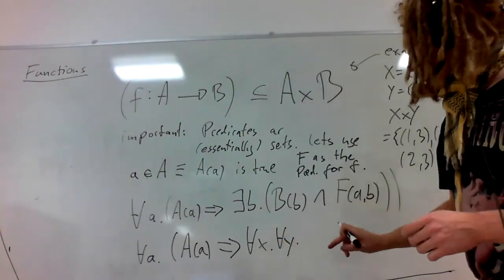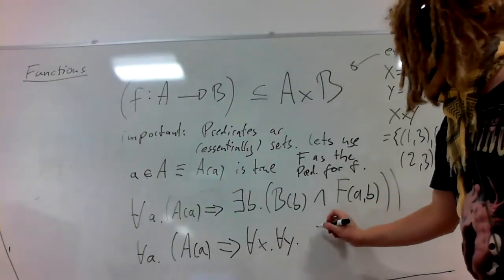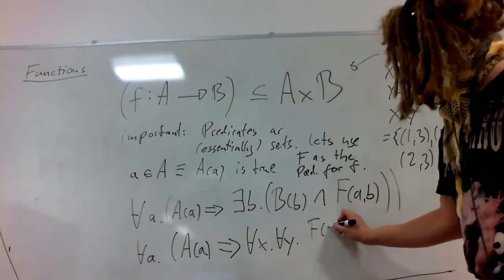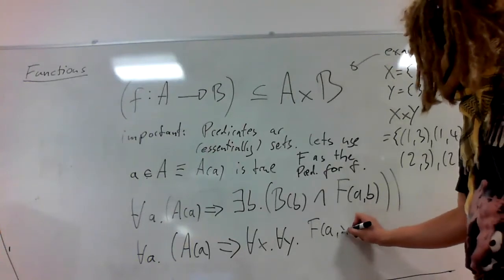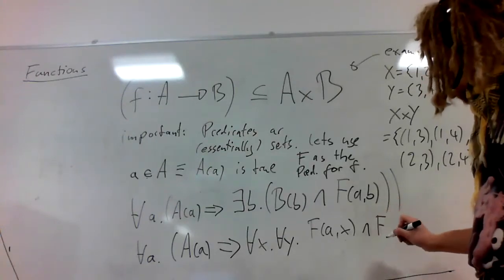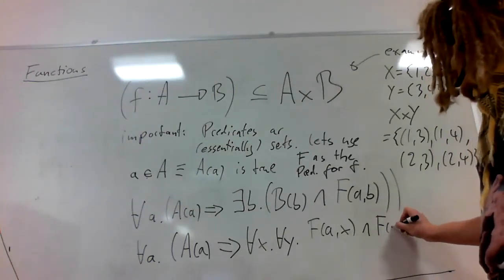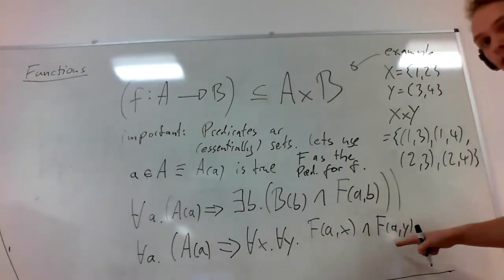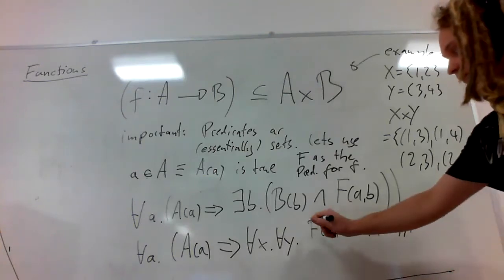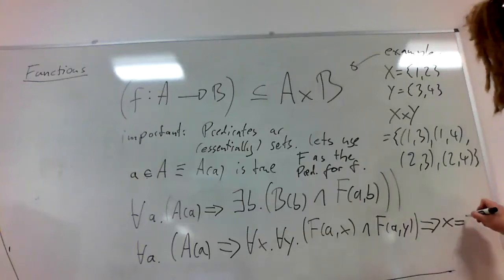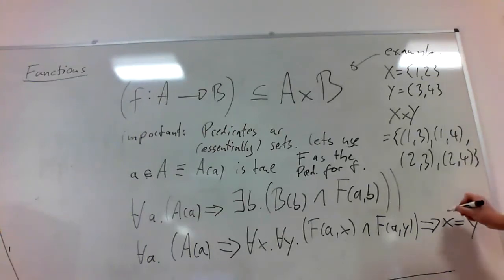So we say that for X and Y, if our function maps the value A to X and the value A to Y, and both are happening, then there must be only one, and this is if X is equal to Y. Can you see that? Yeah, perfect.